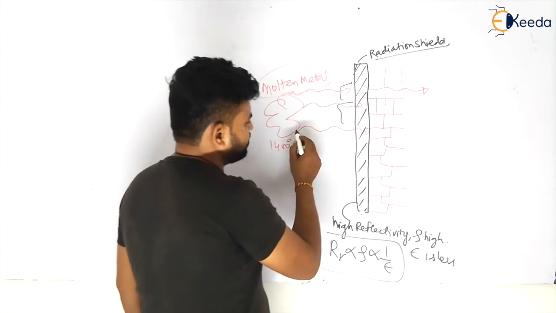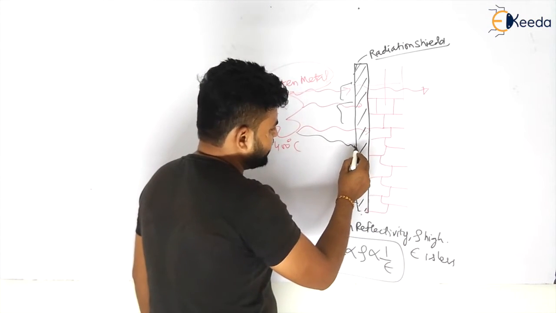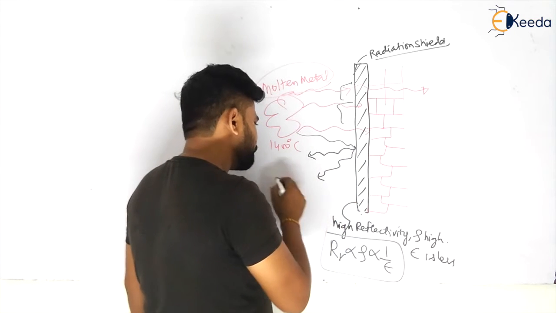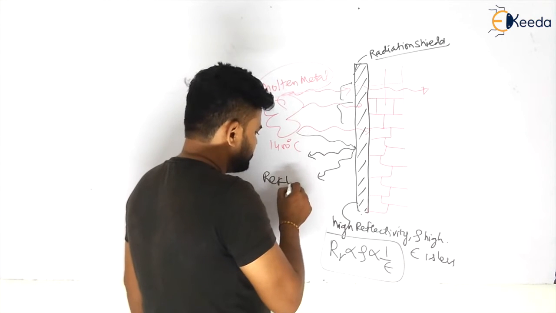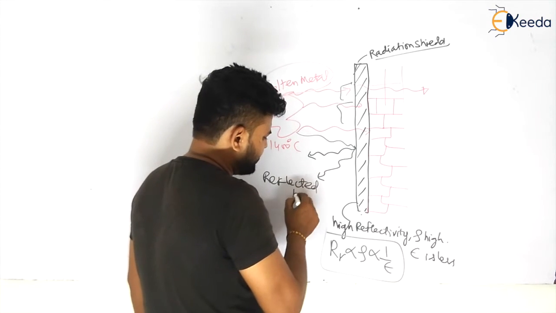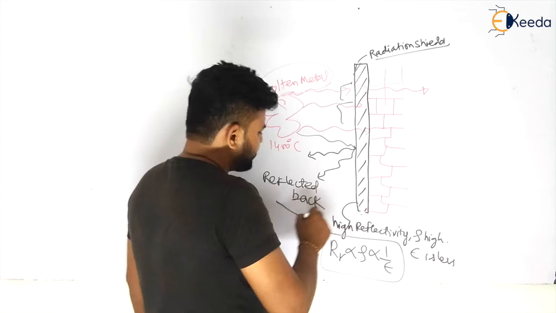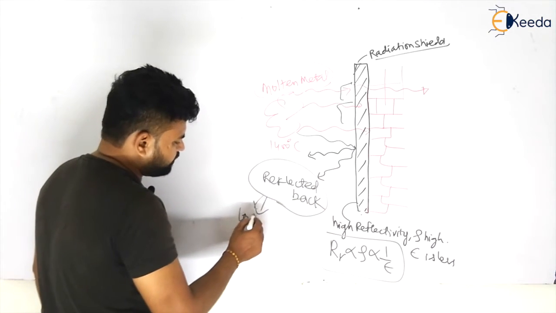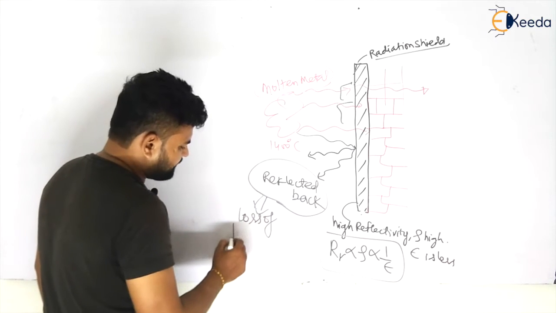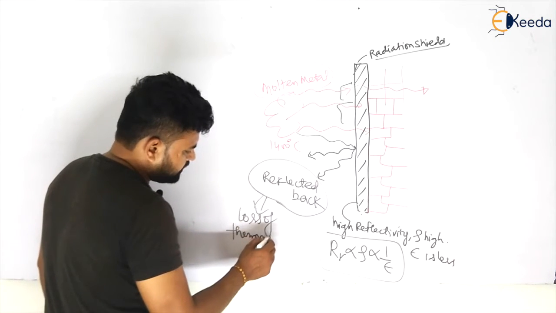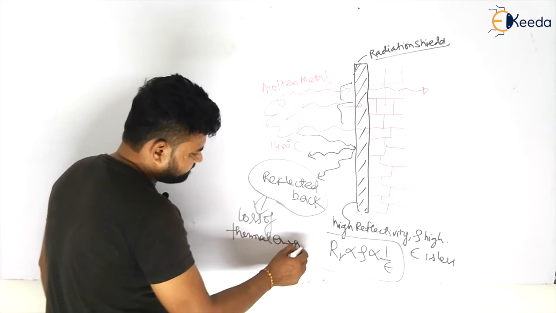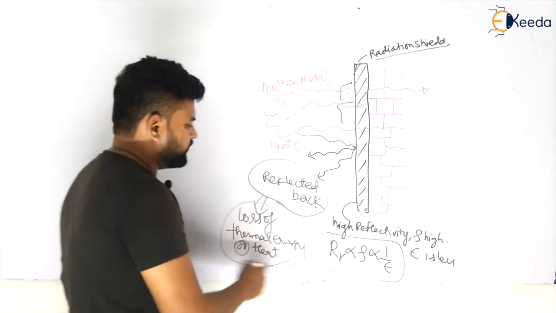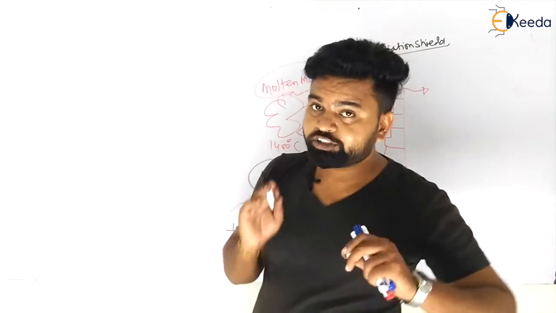Because whatever radiation comes through will be reflected back, or some amount of it will be reflected back. So there will not be any loss of thermal energy or heat. Like this we are using radiation shields, my dear students.